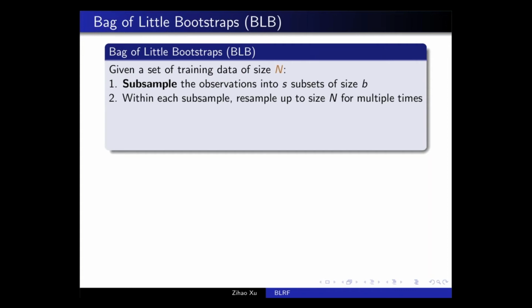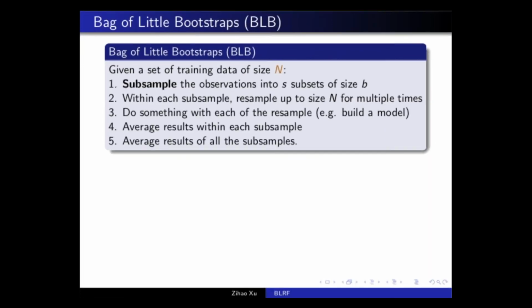One point to notice is that we are resampling up to size n, which means that each of the resamples has the same size as the original training data. Then we do something with each of the resamples, such as building a model. Finally, we average the results within each subsample, and then aggregate all of the results from all of the subsamples.